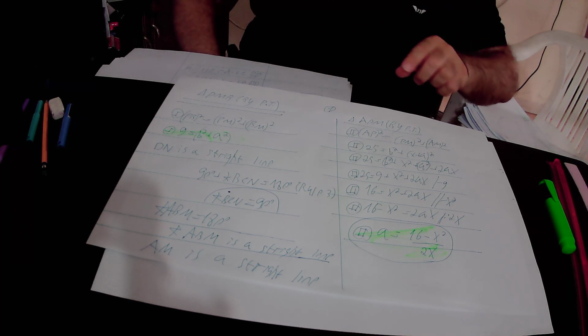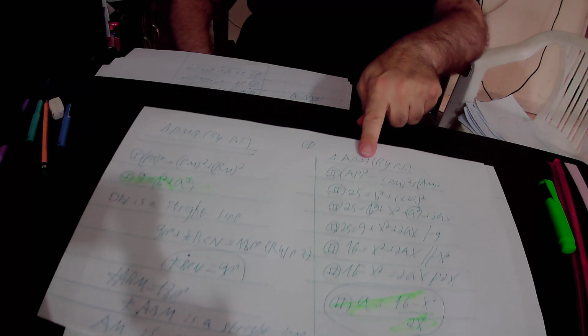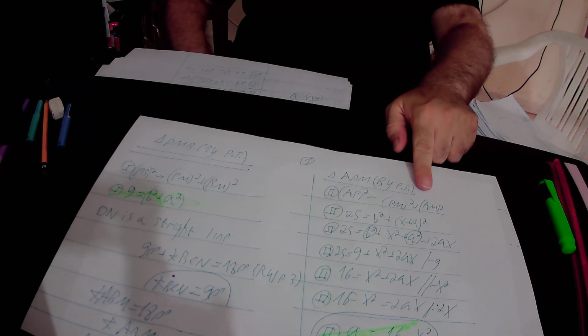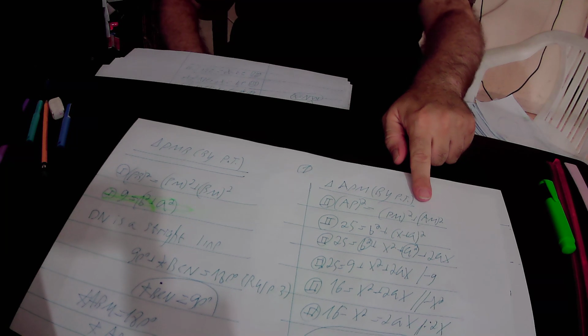In the right triangle APM, AP squared equals PM squared plus AM squared.